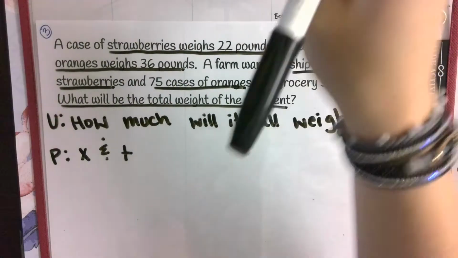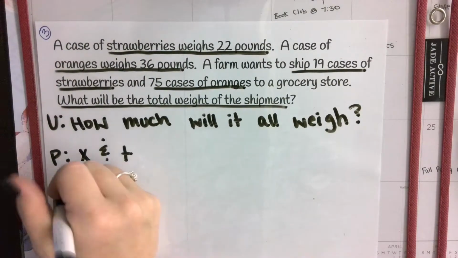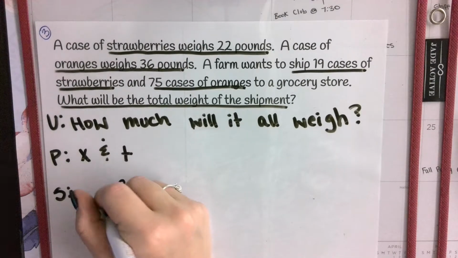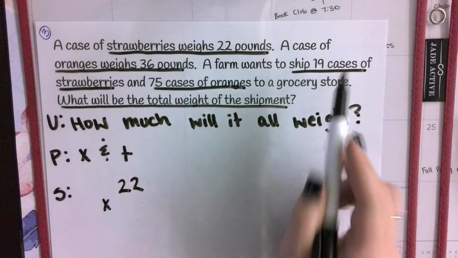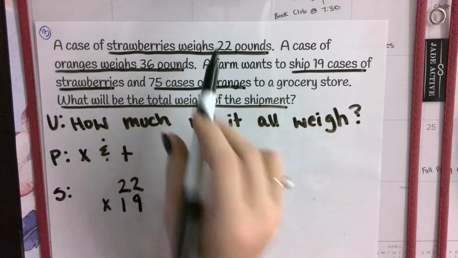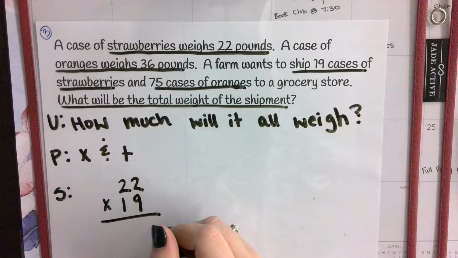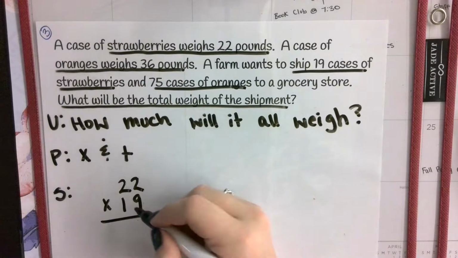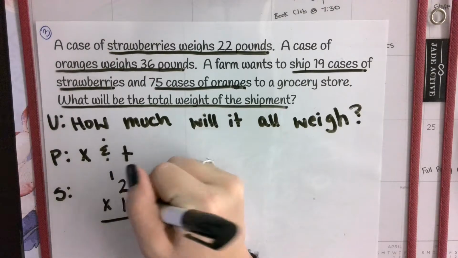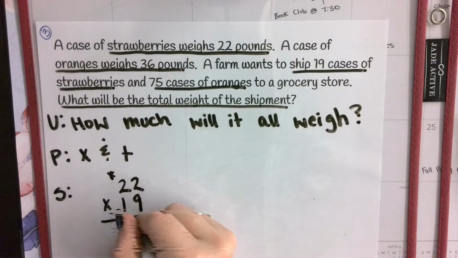So the first equation that they're going to do is 22 times 19. Because they're doing 19 cases, each case weighs 22. And then 2 times 9 is 18. 2 times 9 is 18 plus the 1.